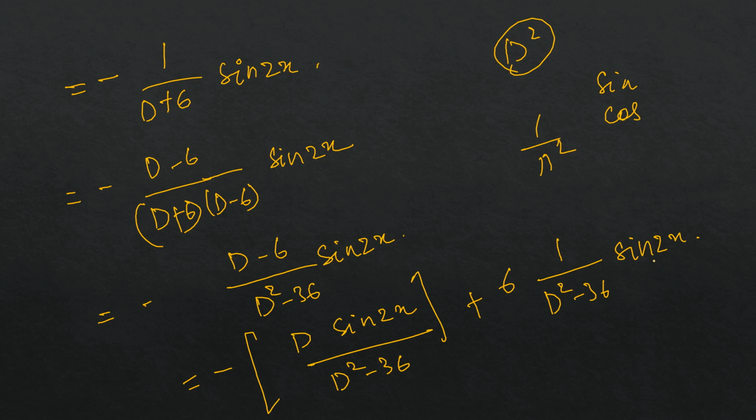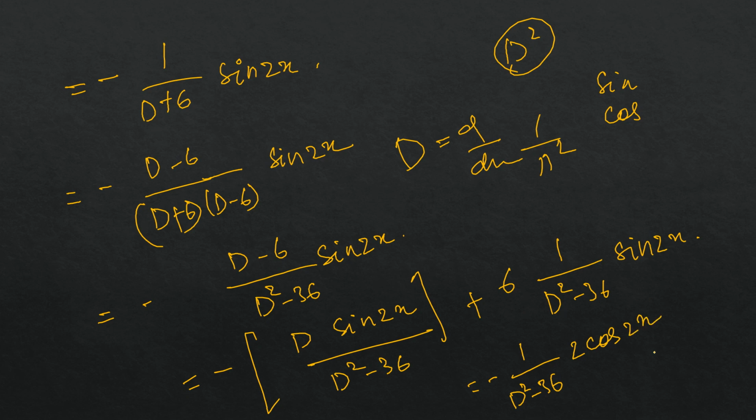So here first we have to do D of sine 2x, and D means simply derivative. Derivative of sine 2x is how much? 2 cos 2x. So minus of 1 by D square minus 36, I'll write it as 2 cos 2x plus 6 sine 2x, with D square replaced by minus 2 square.